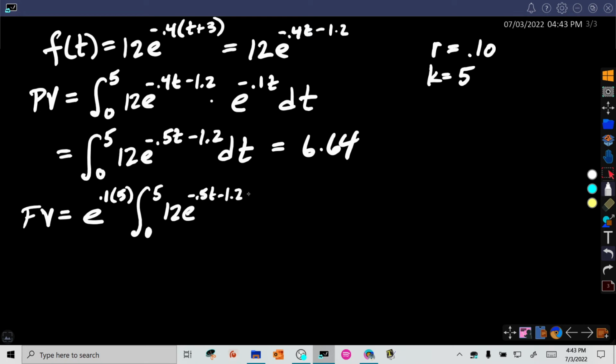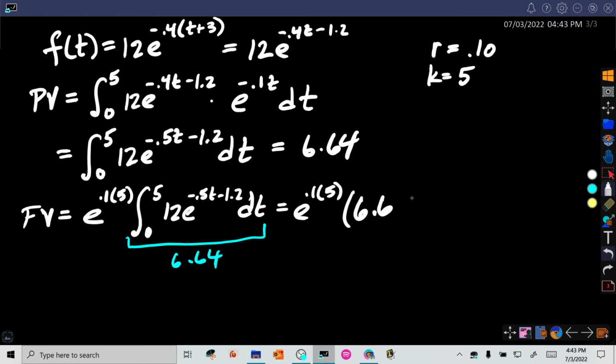I'm going to give you a little hint here. We know that this thing right here is just 6.64, and so it's literally just 6.64 times whatever that is. So finding the future value once you've found the present value is actually really easy.